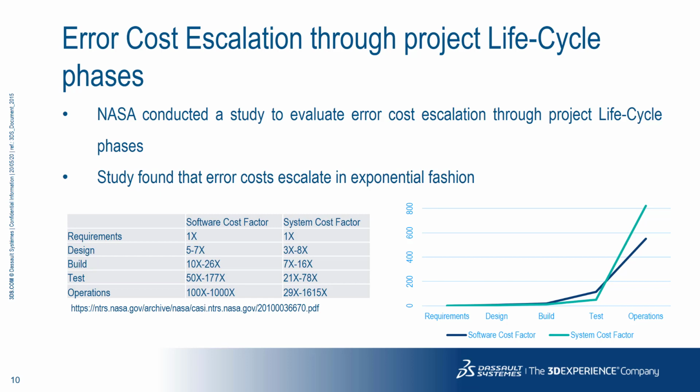I believe this is nothing new to you. This is what you have experienced firsthand. The later you find the error, the more cost will be associated with fixing it. From this study, we can conclude the obvious importance of finding errors as early as possible.